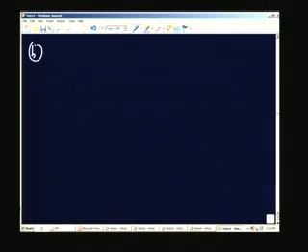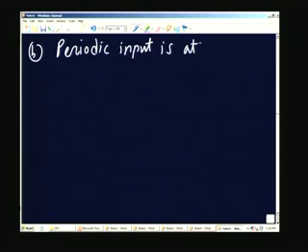Now, let us look at a typical case where a periodic input is at 0.1 hertz frequency. We would like to find out what is the amplitude reduction, and also what is the time lag, what is the phase lag.